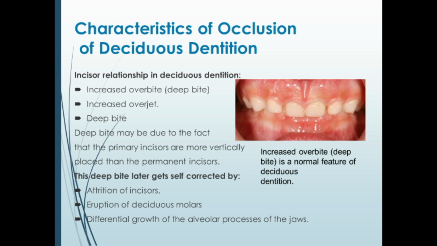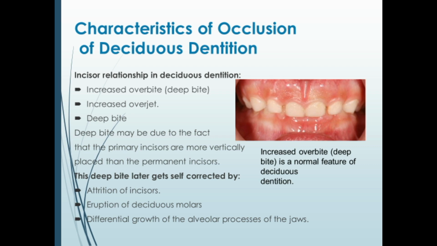This deep bite later gets self-corrected by attrition of incisors, eruption of deciduous molars, and differential growth of the alveolar processes of the jaw.